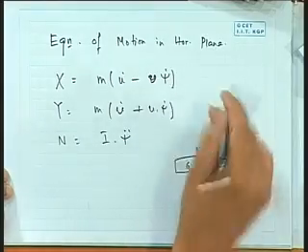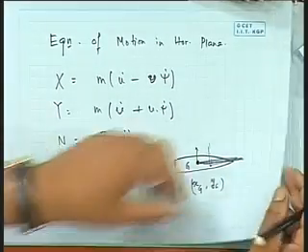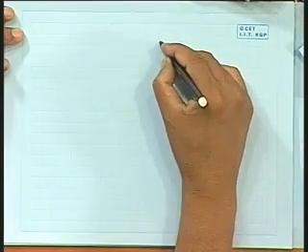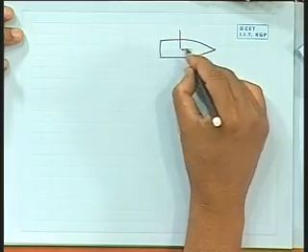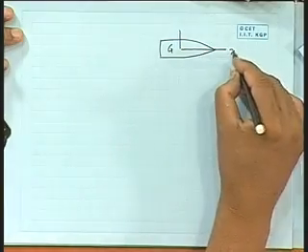Let me draw it here. This is my G, this is my x, this is my y.